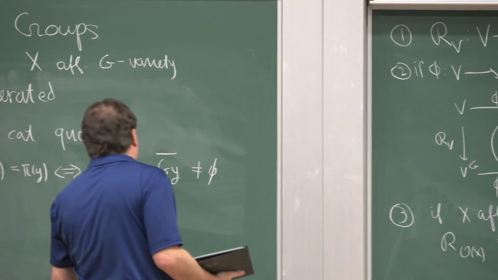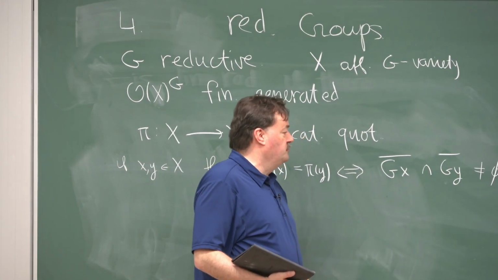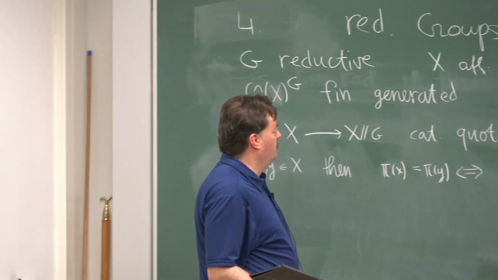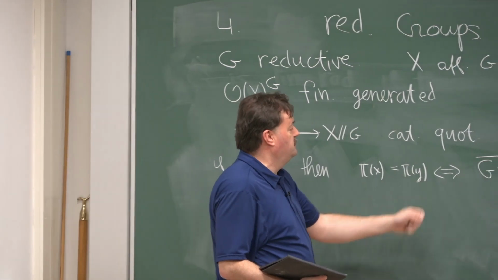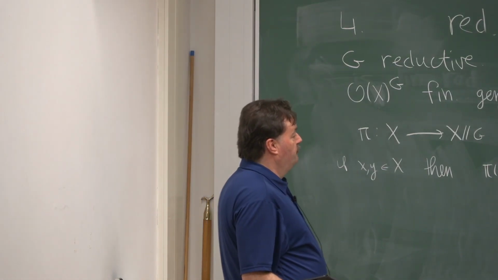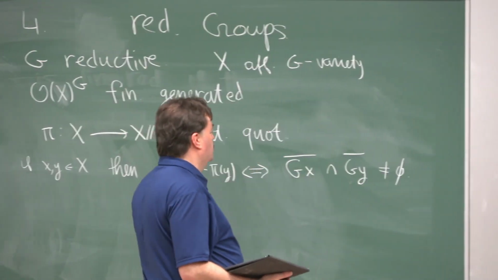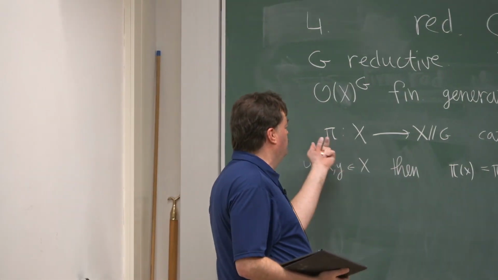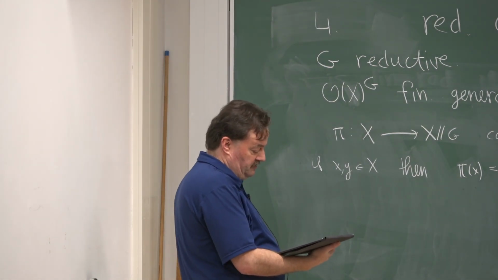Sorry. So if the orbit closure of X and orbit closure of Y intersect, then it's not hard to see that pi of X has to be equal to pi of Y by continuity. And if the orbit closures are disjoint, then this pi will actually separate these orbits.